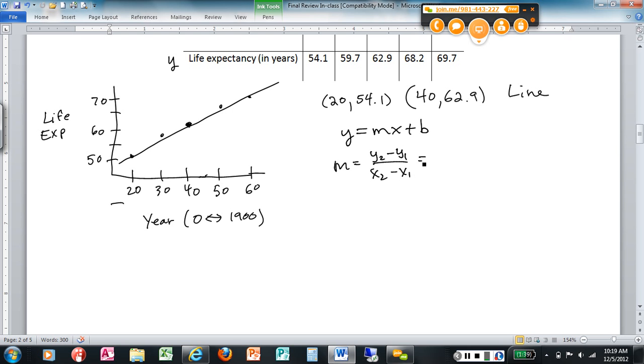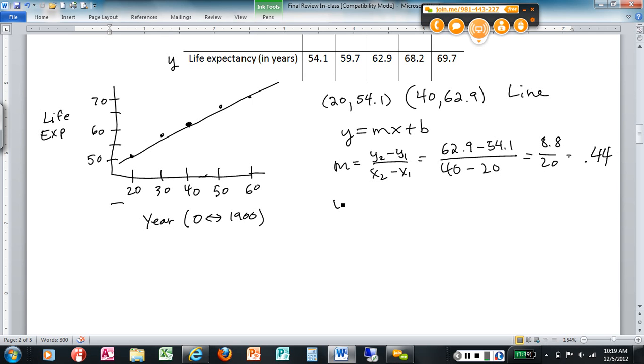So I just do difference of the y's over difference of the x's, 62.9 minus 54.1. Divide that by 40 minus 20. And I get, was that 8.8 divided by 20? Does that sound right with my points there? So that's 0.44. So my m is 0.44.